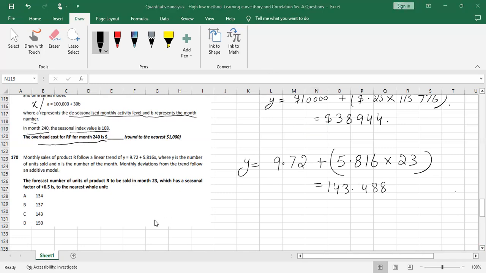Then you have the answer of 143, but this is the incorrect answer. You need to make the seasonal adjustment, plus 6.5. So what is the answer? Almost 150. 149.99 I think is the answer. So the correct answer is 150.